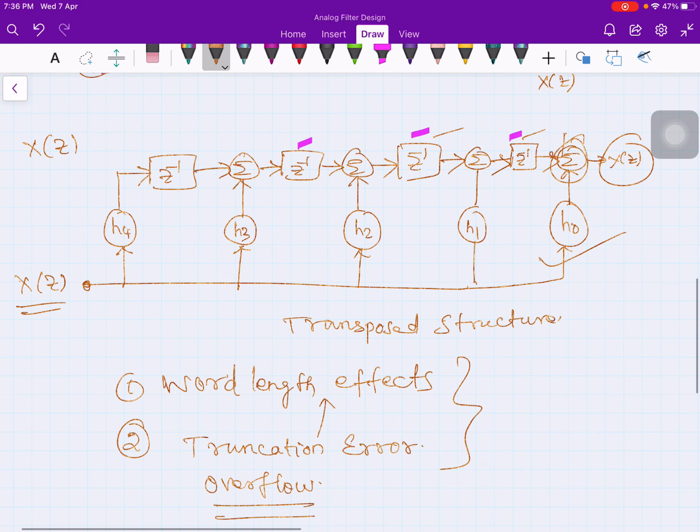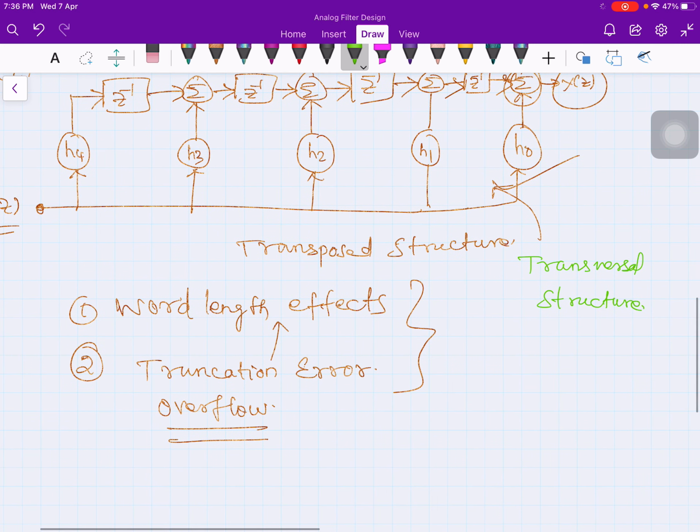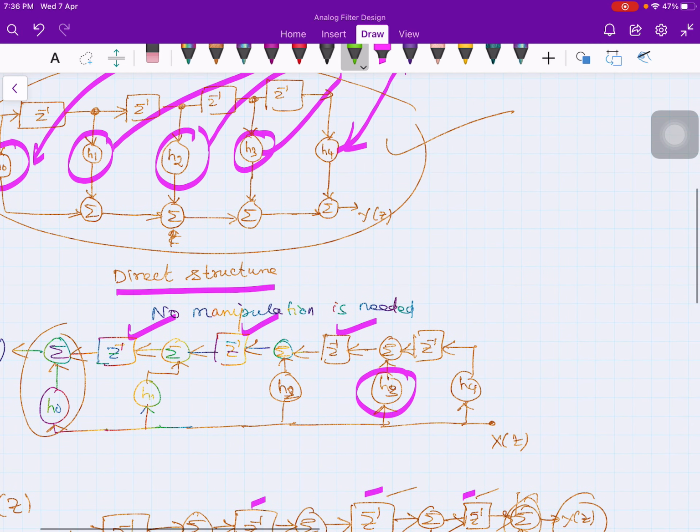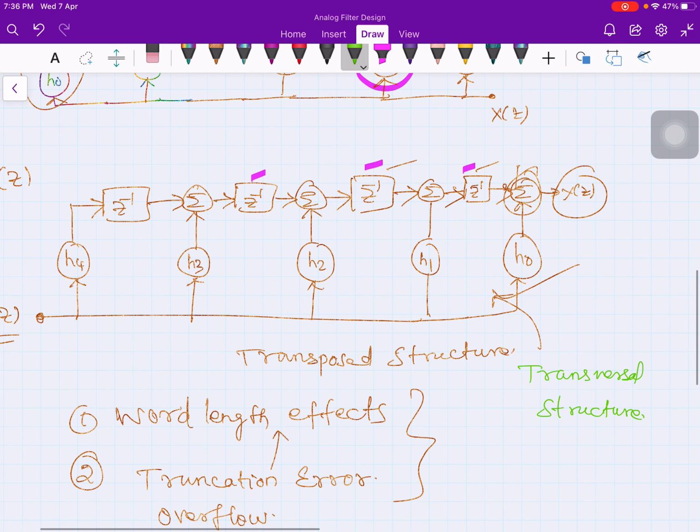And this structure is also known as the transversal structure. Earlier authors and current authors also call one of them the direct form 1 structure, and this is the direct form 2 structure.